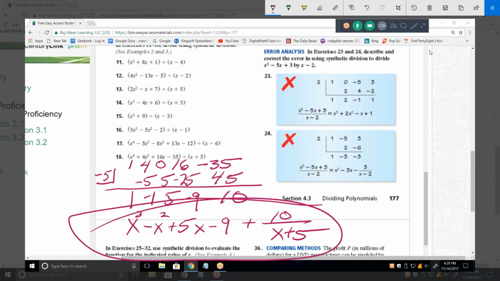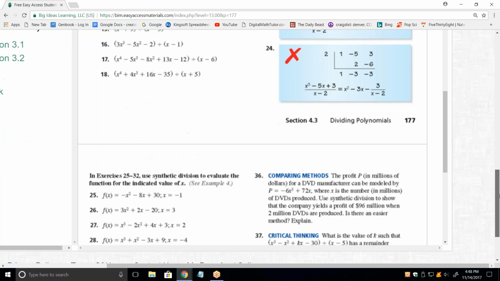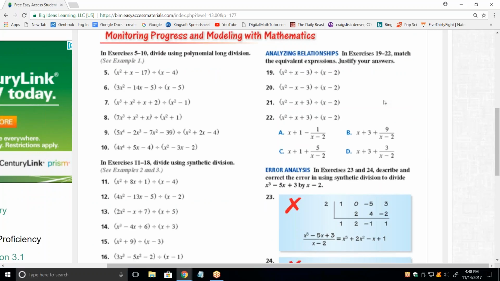All right. What is 19? Scrolling down? No. Going back up to the right. What's this say? In 19 through 22, match the equivalent expression. Oh, I guess 19 through 22 end up matching A through D. Okay.